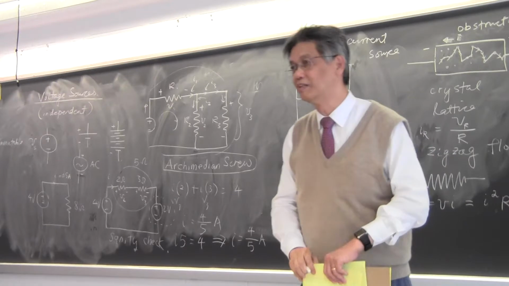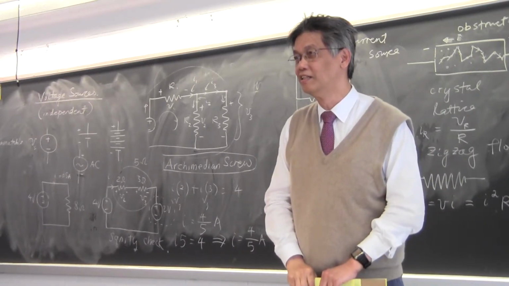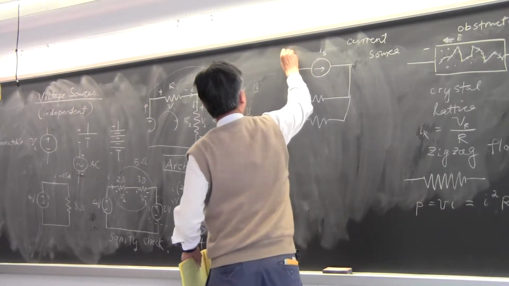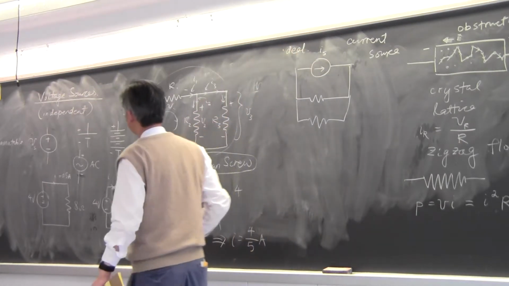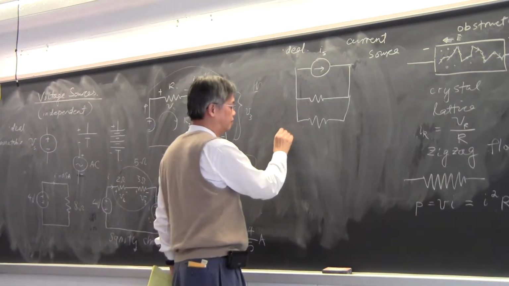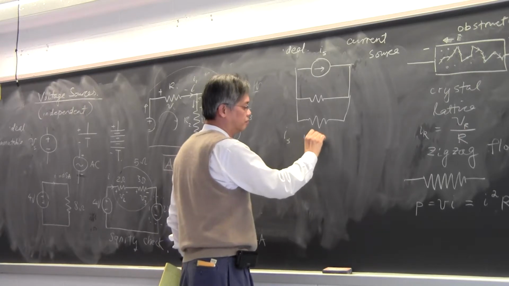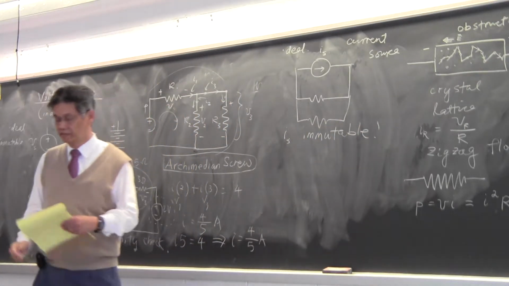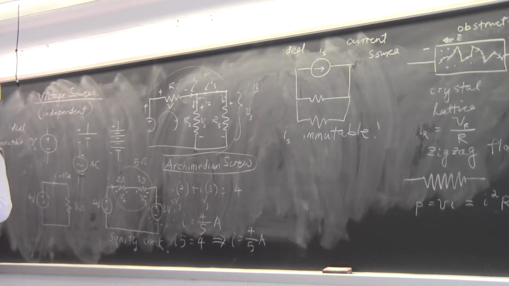We can get close to it in our engineering design, but there's no ideal current source. So this is ideal. This is also ideal. And this current is immutable. Okay? Those are the two things you have to notice.